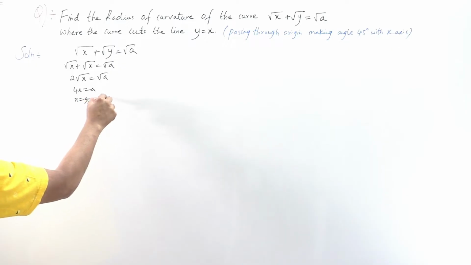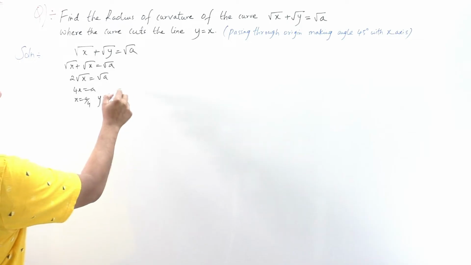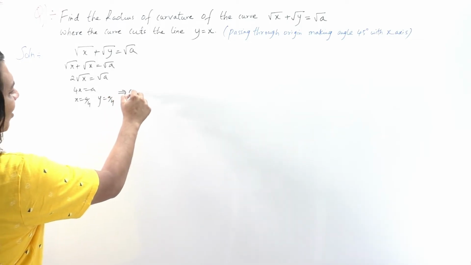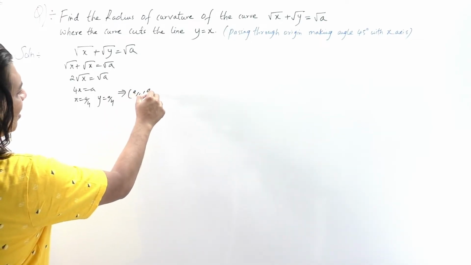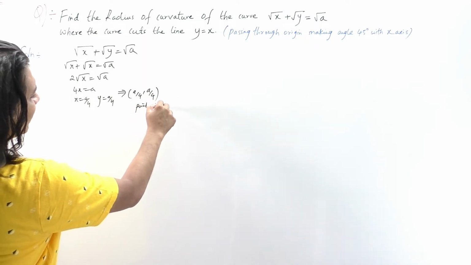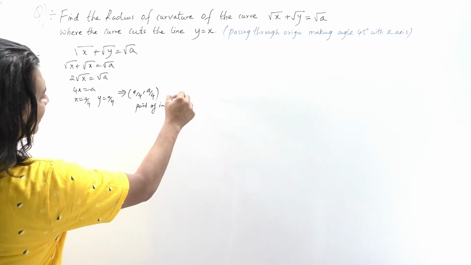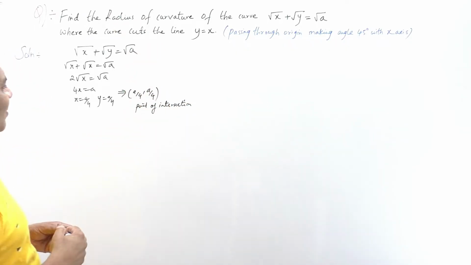So y is also equal to a by 4. Why? Because y is equal to x. Therefore, we have the point of intersection as a by 4 comma a by 4.